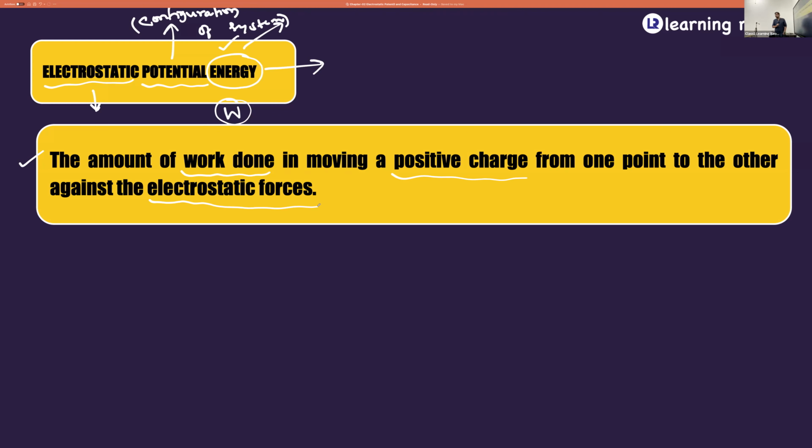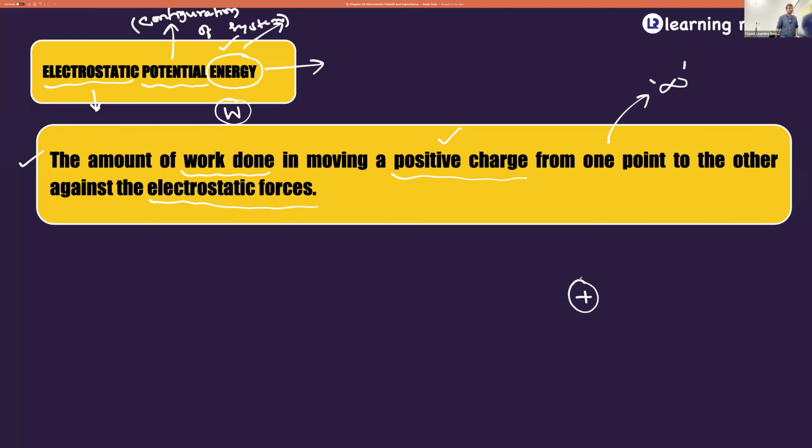So if I have to put it simply, if you are able to calculate the amount of work done in moving a positive charge from one point to another, generally that one point is initially taken to be infinity, against the electrostatic forces, then there is some amount of potential energy, right?